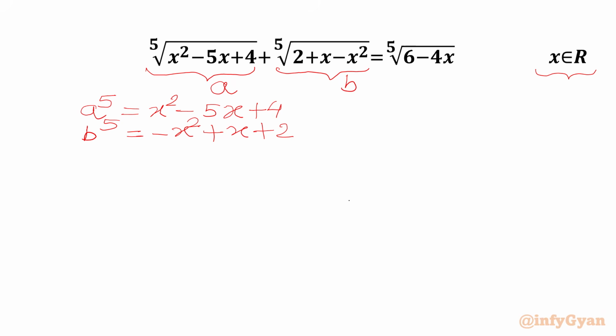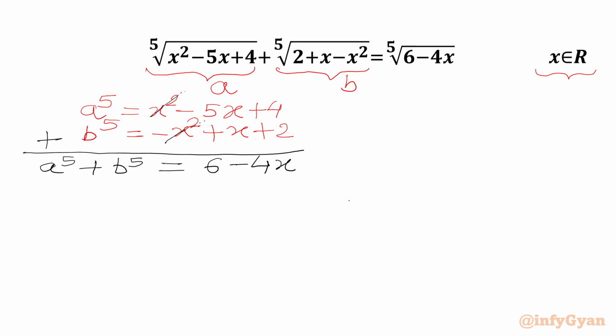Now we will add both the equations. So in LHS we are going to write a power 5 plus b power 5, and in RHS plus x square and minus x square will get over. Minus 5x plus x is minus 4x, 4 plus 2 is 6, so 6 minus 4x. 6 minus 4x is the radicand in RHS.